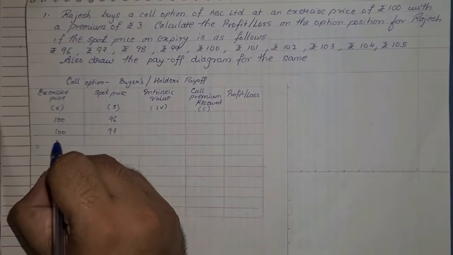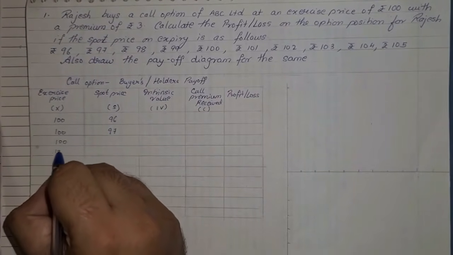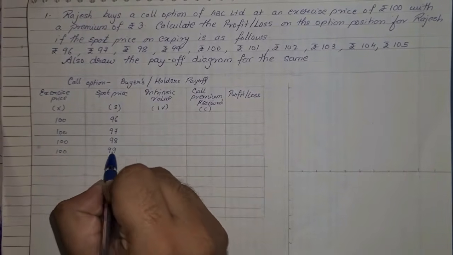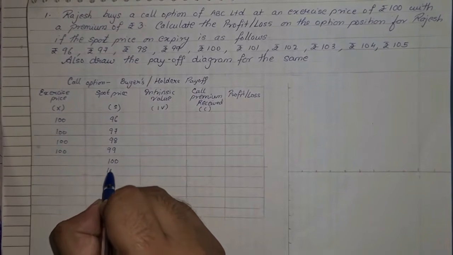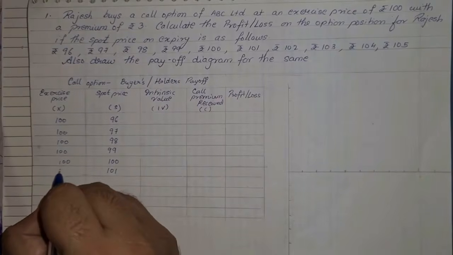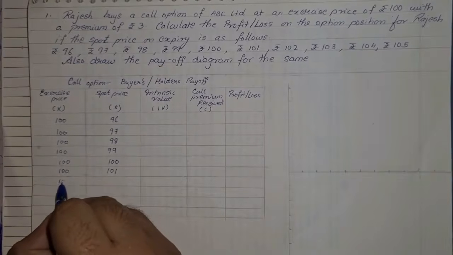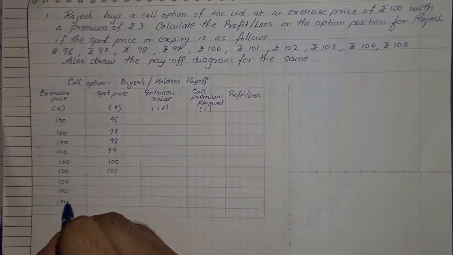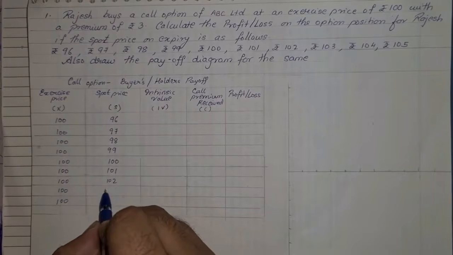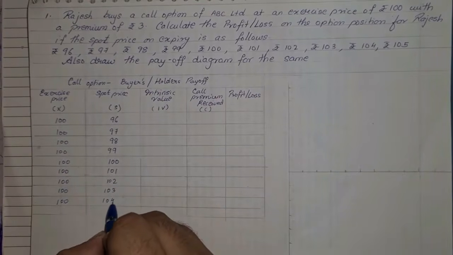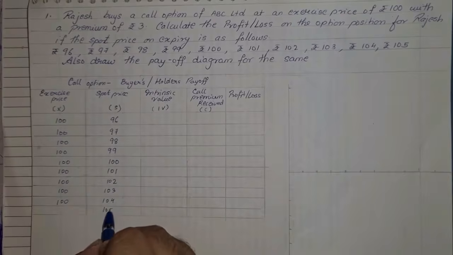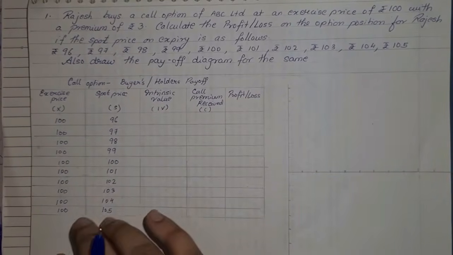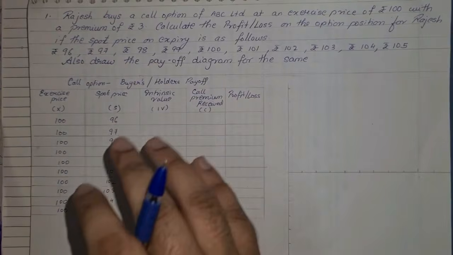So we'll first complete this table. There are 10 spot prices, so we'll note down the exercise price for the 10 of them and the spot price accordingly. The exercise price will be the same for all the cases. We have 102, 103, 104 and the last one will be 105.